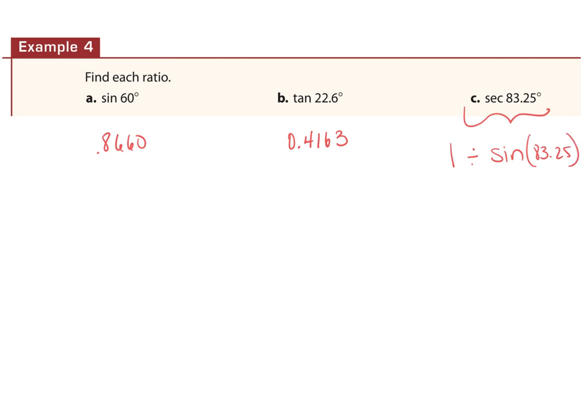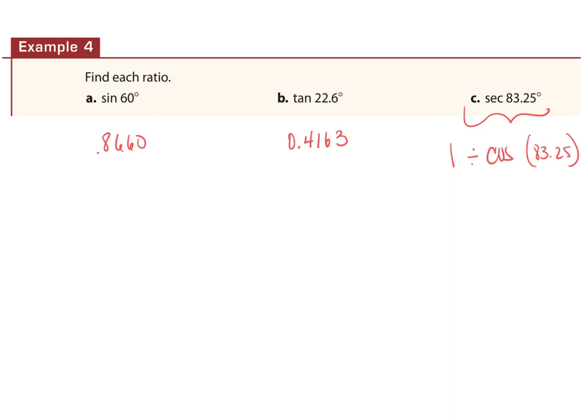Oh, sorry, cosine. After we just said that, yeah. Cosine. So 1 divided by the cosine. Do not do the button above cosine. We're going to do that, finding angles, in a minute, but that's not reciprocal. So 1 divided by.